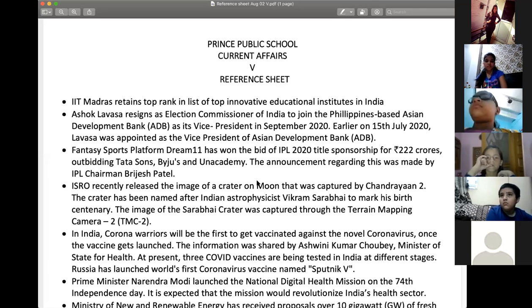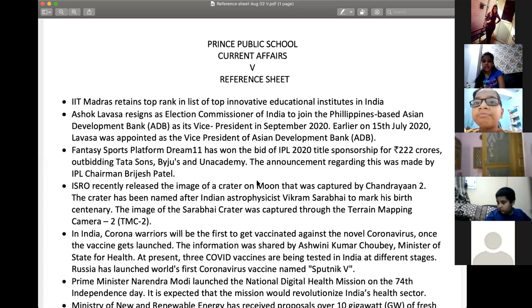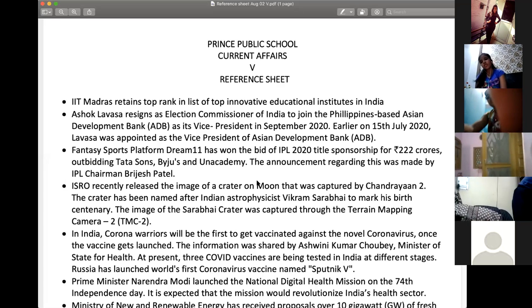Earlier it was Vivo IPL, now it will be Dream 11 IPL. Outbidded means they have bid more than others. Who were the others? Tata Sons, Byju's and Unacademy.